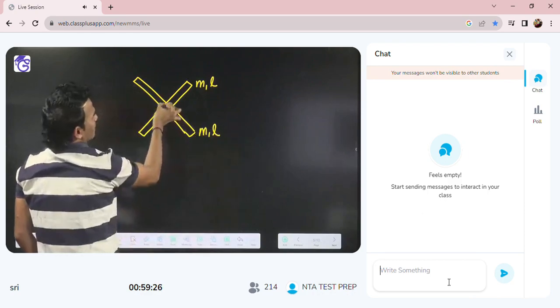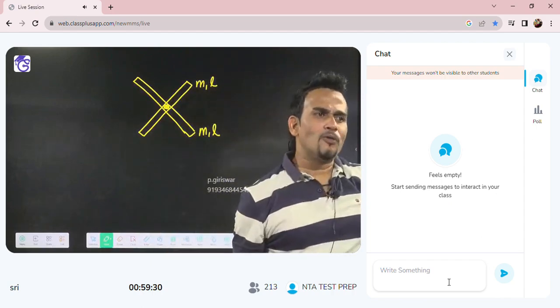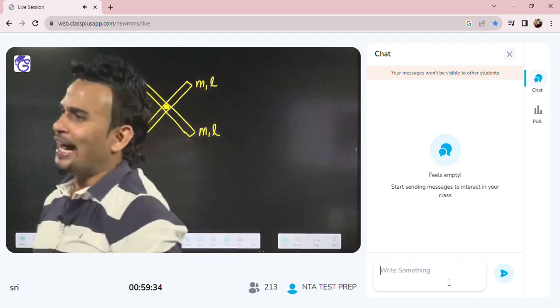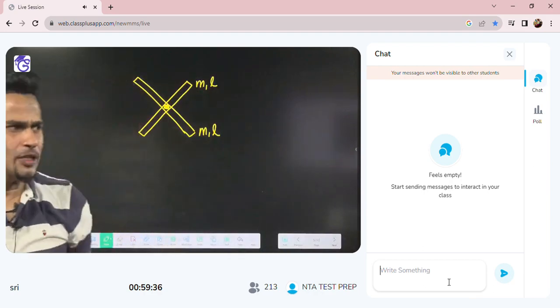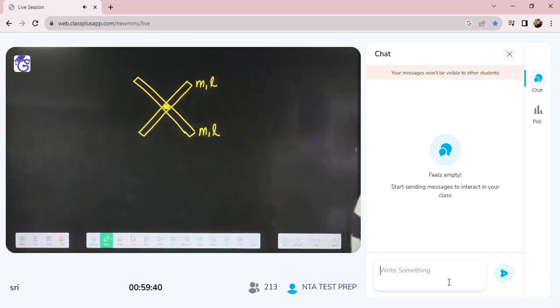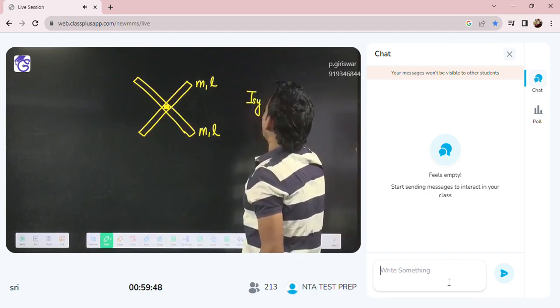Find I of the system about an axis passing through their center and perpendicular to the plane.